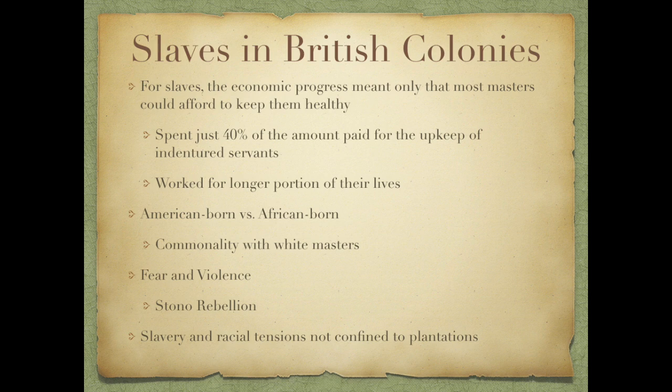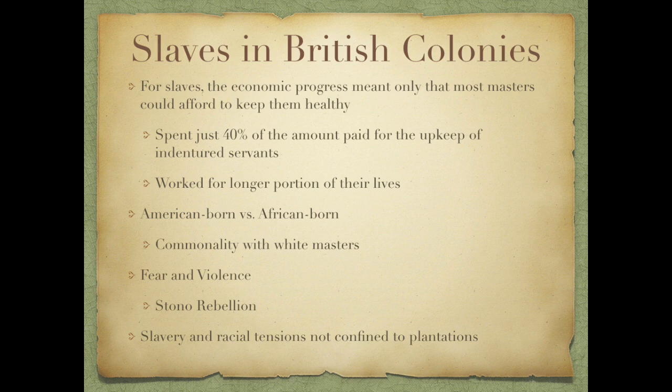In rice country in South Carolina, for the most part, tasking was used as the method for work, and that enabled slaves to have a little bit more freedom over how they did their various jobs. Tasking essentially provided them with a list of tasks, and as long as it was done within a certain period of time, then how you did it or when you did it was up to the individual's discretion.